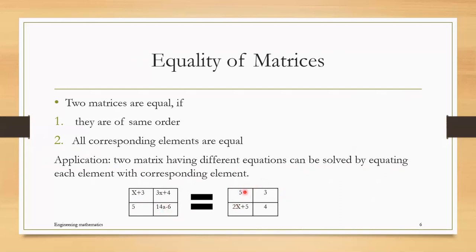And in this matrix there are values, and it is said that the two matrices are equal. So we can just equate these elements and find the values of the unknowns. Like x plus 3 equals 5, so x will be 5 minus 3, which is 2. So that can be solved through this property of matrices, that is, equality of matrices. Okay, so let's go to the next slide.